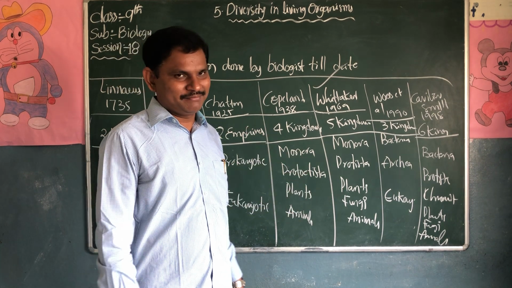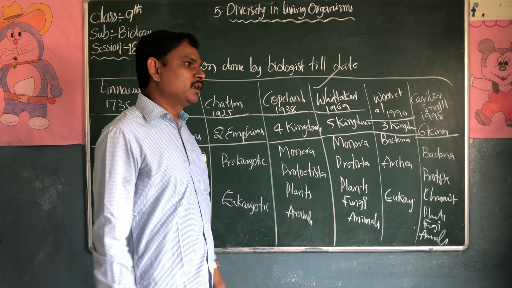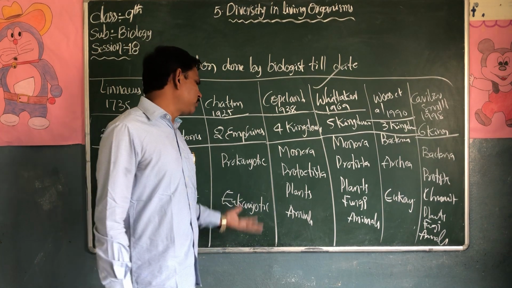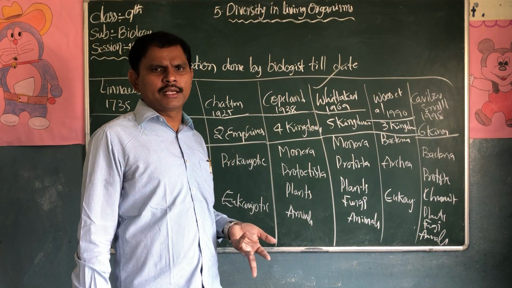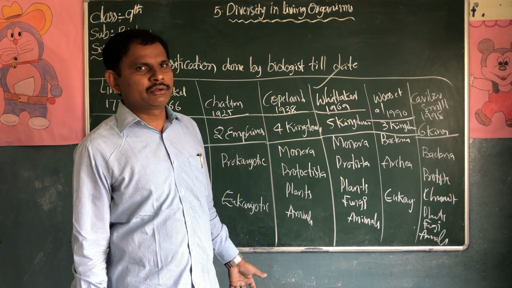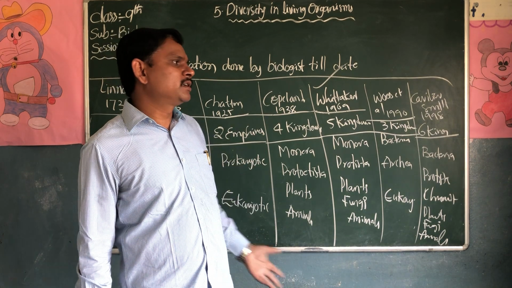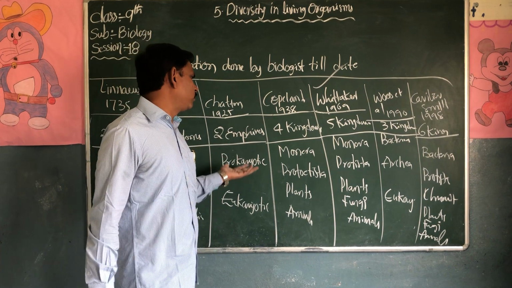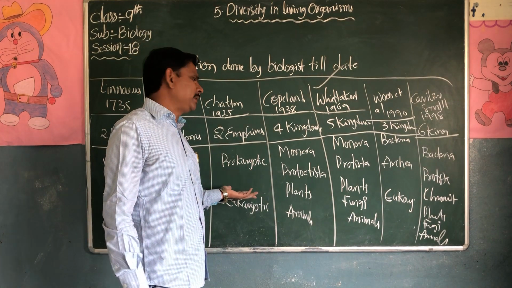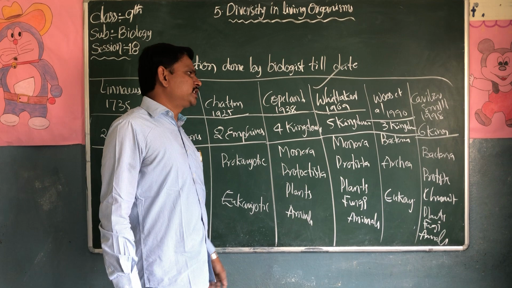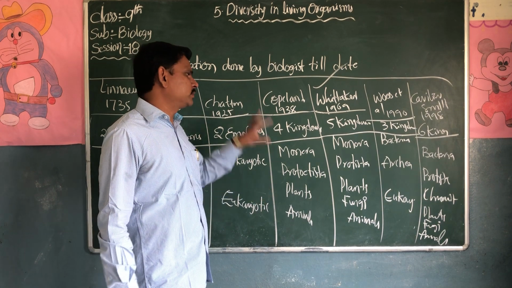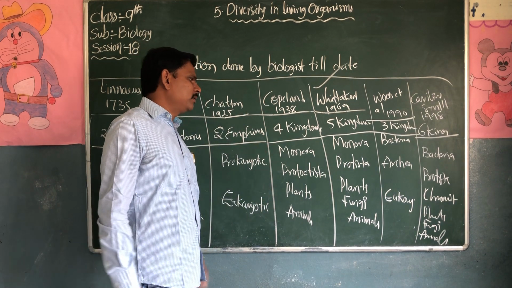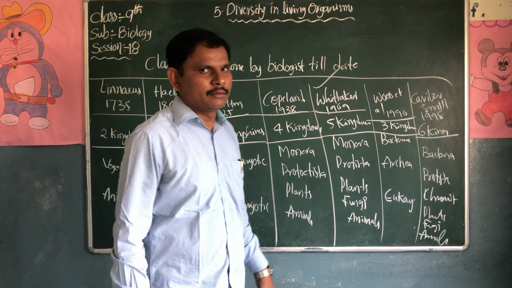Animals and others with a nucleus come under eukaryote; those without a nucleus come under prokaryotic cells. Copeland gave 4 kingdoms: Monera, Protista, plants and animalia. Whittaker's is the most important, 5 kingdoms: Monera, Protista, plants, fungi and animals.